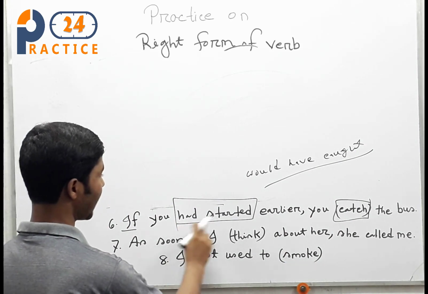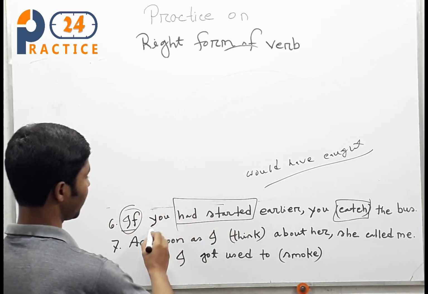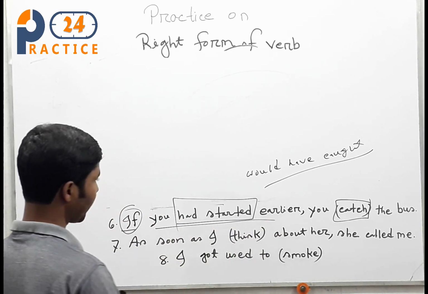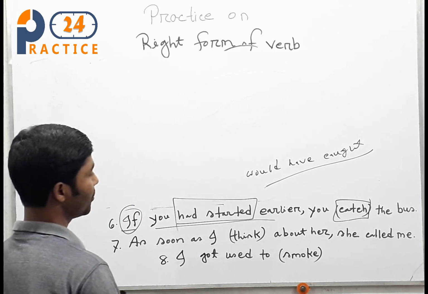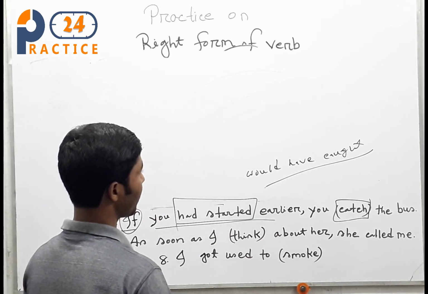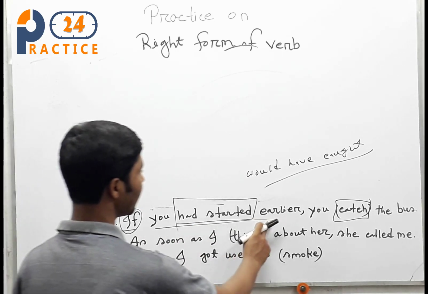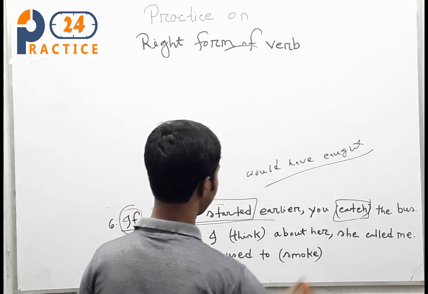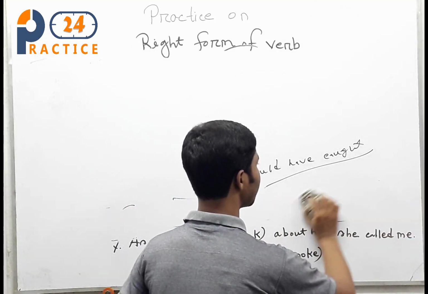That is because "had started" is here. If you find "if" as a conjunction and the first part is in past perfect tense, then the other part will be "would have" plus PV number 3, I mean principal verb past participle form. So if you had started earlier, you would have caught the bus. "Would have caught" is your answer. I think you understand my rule.